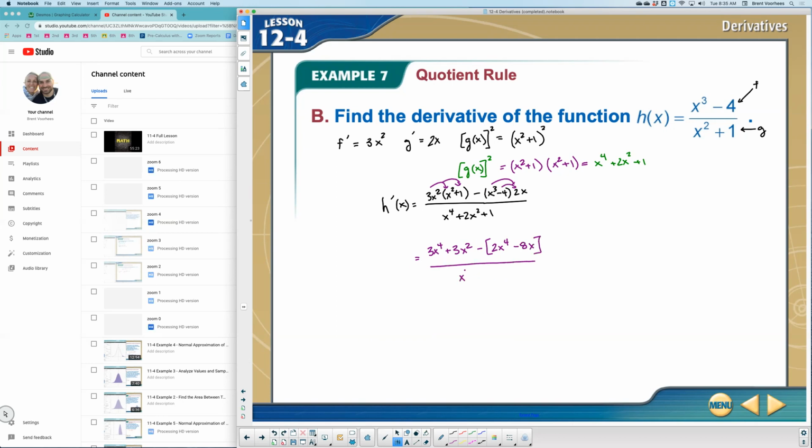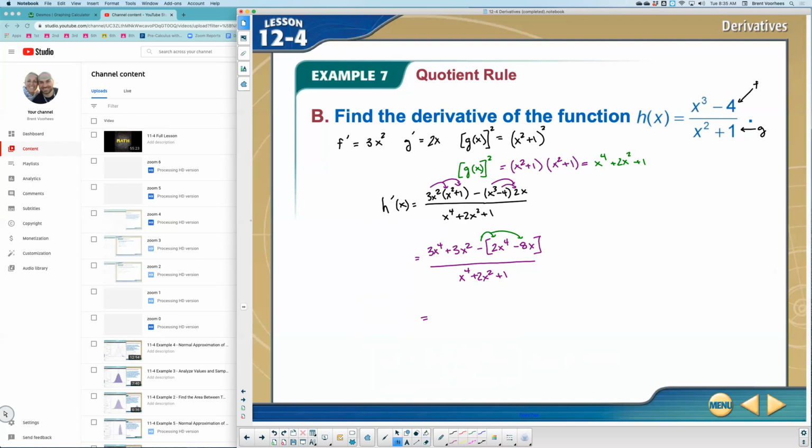And so now, as I try to combine my like terms, I need to remember to distribute this negative through. And so here comes the standard form. I'll have 3x to the fourth minus 2x to the fourth, which will leave me with 1x to the fourth. I need to distribute the negative there and here.